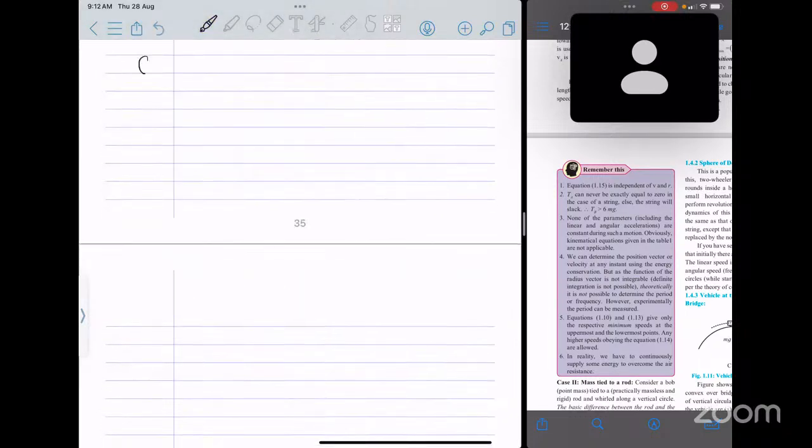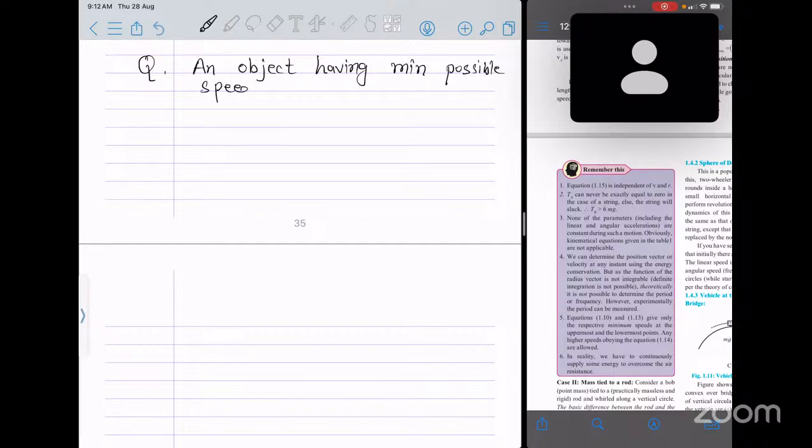Next question. An object having minimum possible speed 20 meter per second at lowermost point in vertical circular motion.